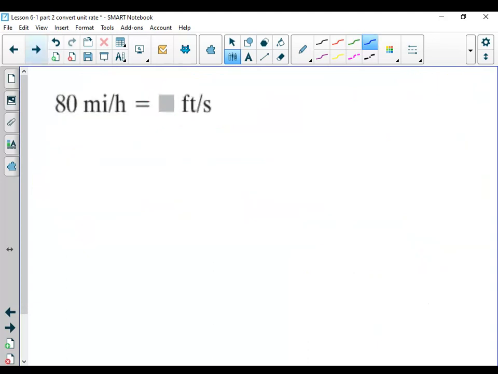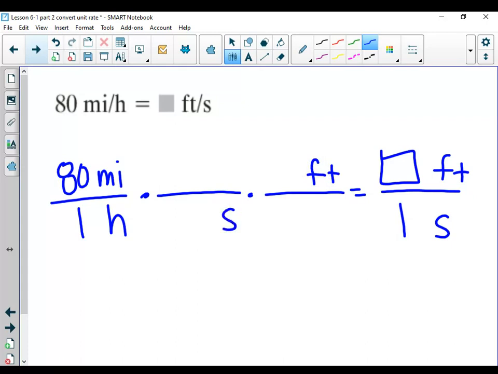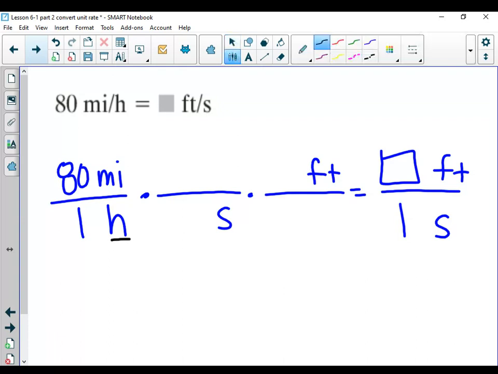Last one. Going fast. Pause if you need. What do I know about hours and seconds?